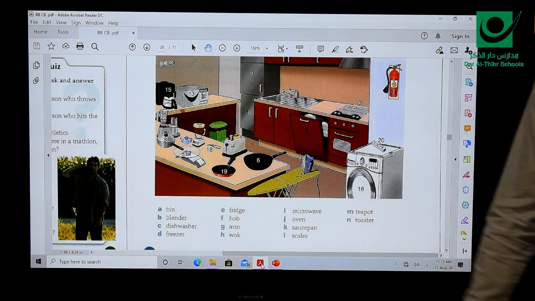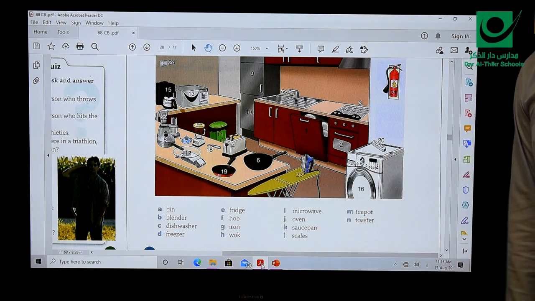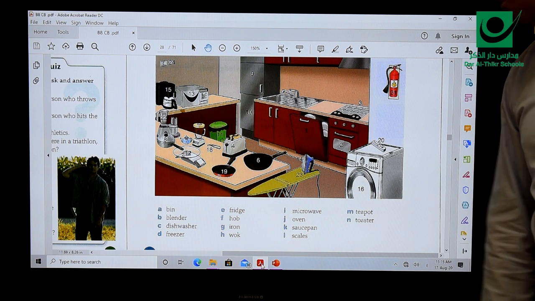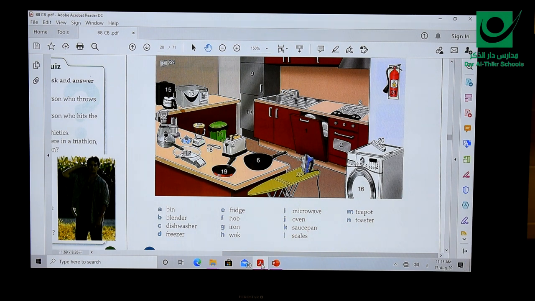Fridge. In most of our homes, we have the fridge and the freezer in one equipment or in one appliance. So it's here in 10. Hob. What's the hob? You know it? The hob is used for cooking.